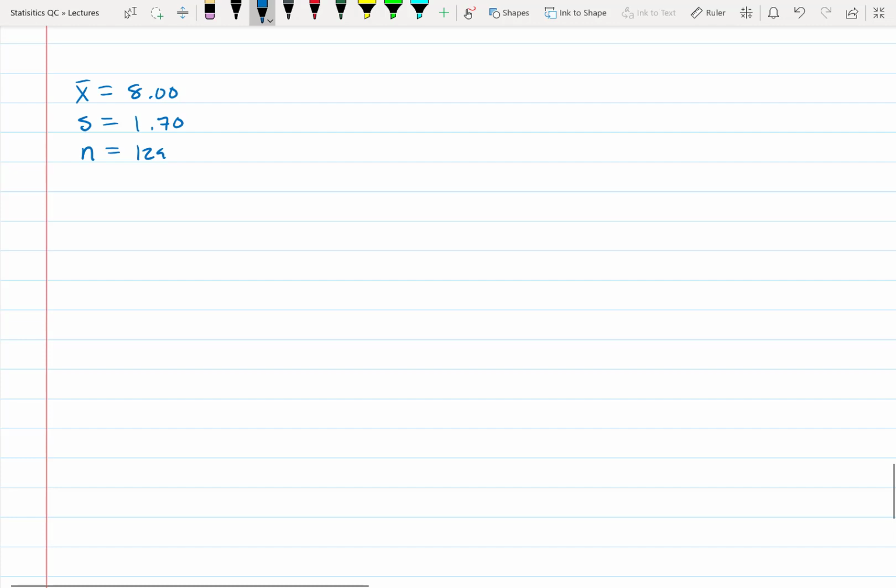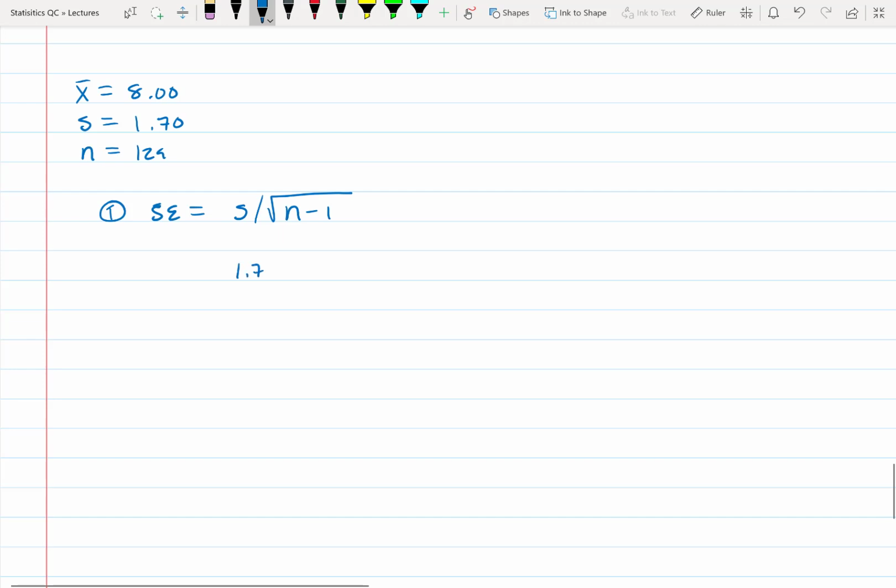Okay, so the first thing that we want to do is compute that standard error. Remember, our standard error is going to be equal to the standard deviation from our sample divided by the square root of the sample size, n minus 1.